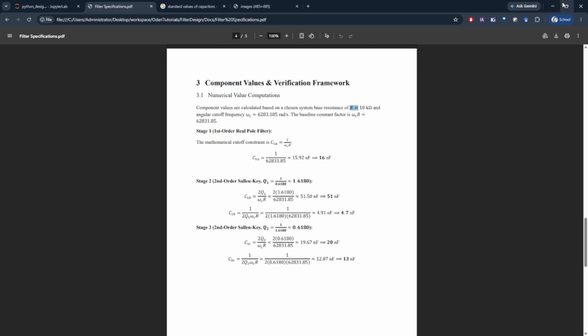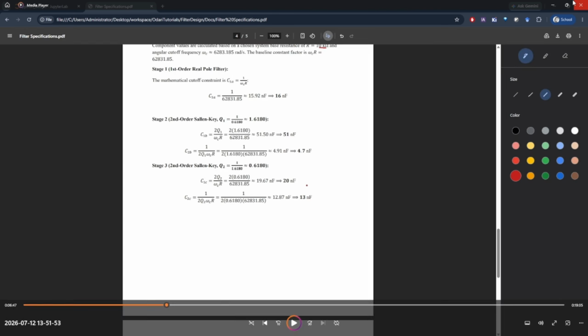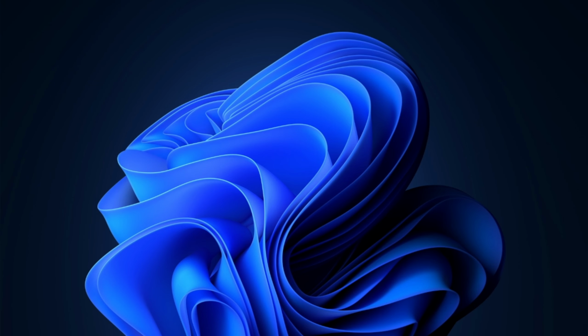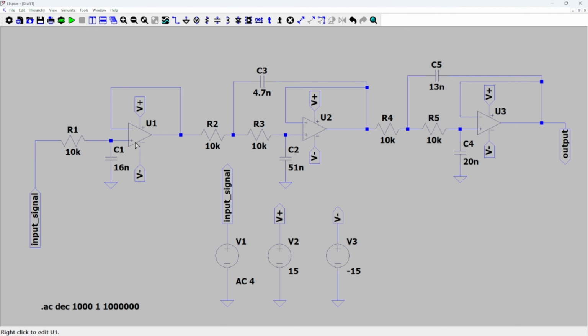I've just added a voltage follower, it's like a buffer. So I have a value of 16 and 10. This is the Sallen-Key configuration here. Then there's another Sallen-Key configuration. So we have cascaded the first one, the second, and the third.